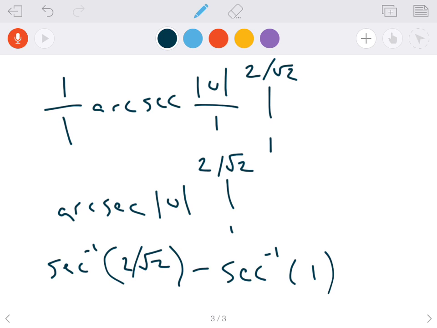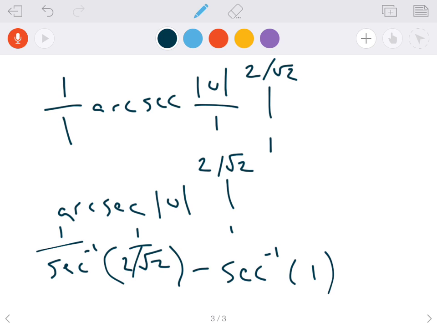Now remember how I read this. I read this as what angle has a secant of 2 over the square root of 2. And that's very hard for me to think about the unit circle in terms of secant, right? It'd be much easier for me to think in terms of cosine. So to get from secant to cosine, I can do the reciprocal, right? I could make this 1 over the secant, which means I have to do 1 over this angle.